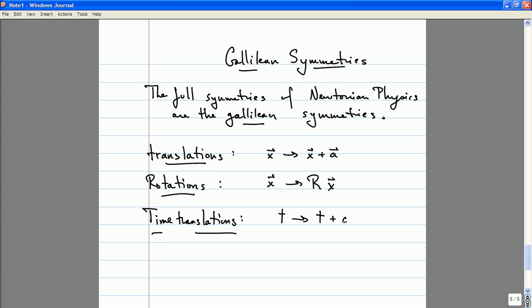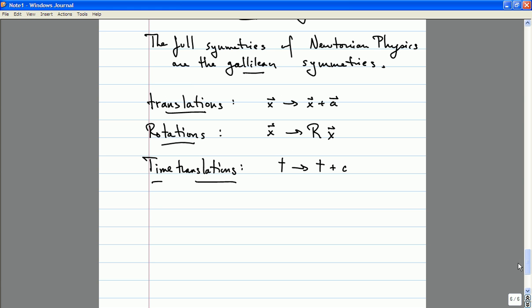So these are all rather obvious, and indeed, these are symmetries not just of Newtonian physics, but in special relativity as well. And there's a final symmetry, which is slightly less obvious, and which is true only in Newtonian physics, rather than in special relativity. And that is the symmetry of a Galilean boost.